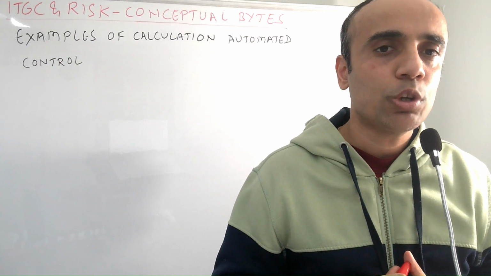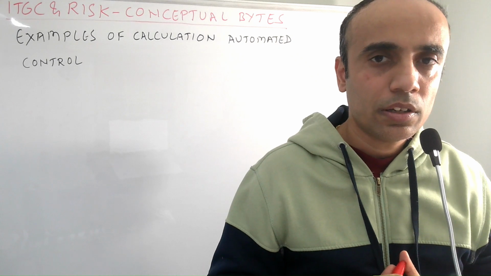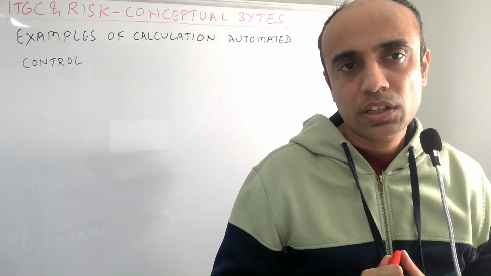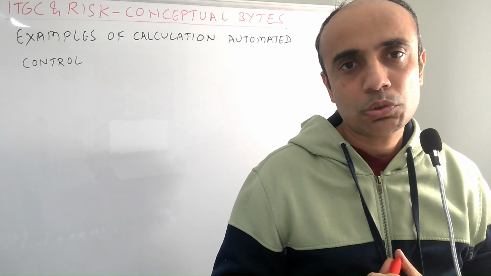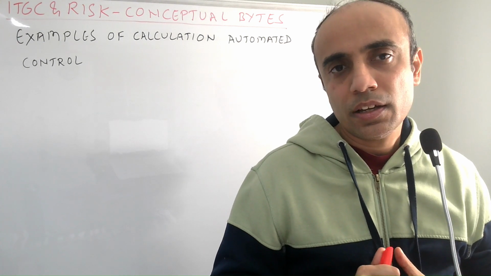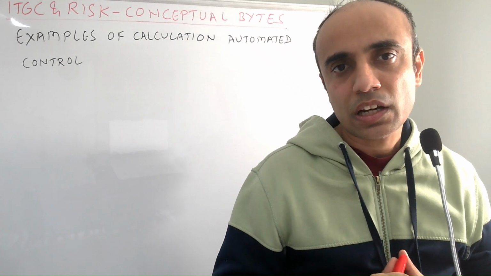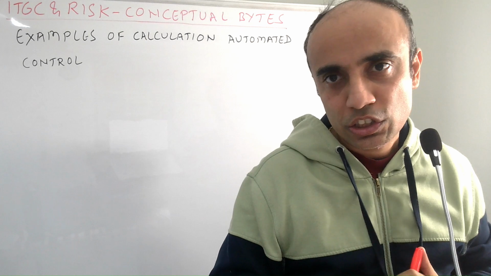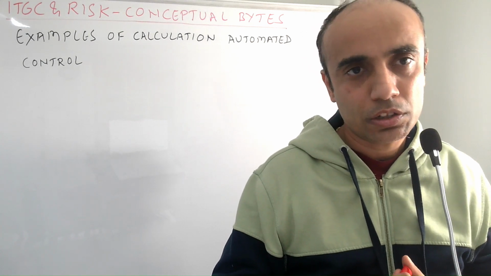Friends, as part of the Conceptual Bytes series, I'm covering more real-life business examples of each of the 5 common types of automated controls. And in the same series, today I'll cover examples of calculation IT application or automated control.